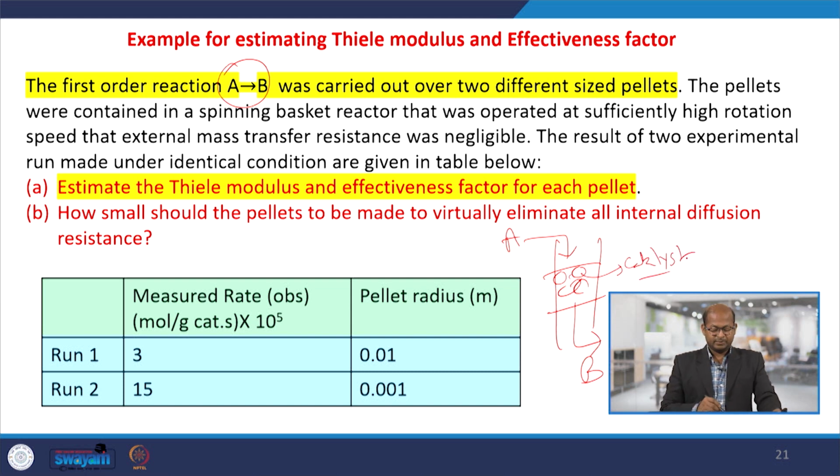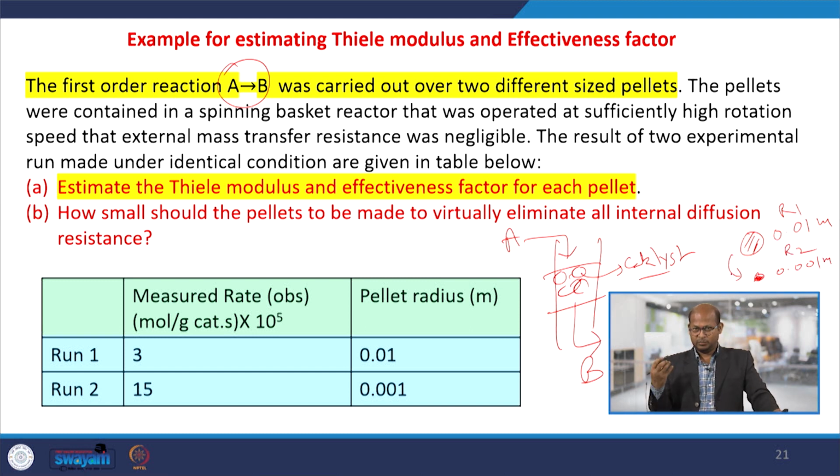One has a radius of 0.01 meter, the pellet radius, and another is the same material but with different particle size. Both have the same composition, but the particle sizes are different.